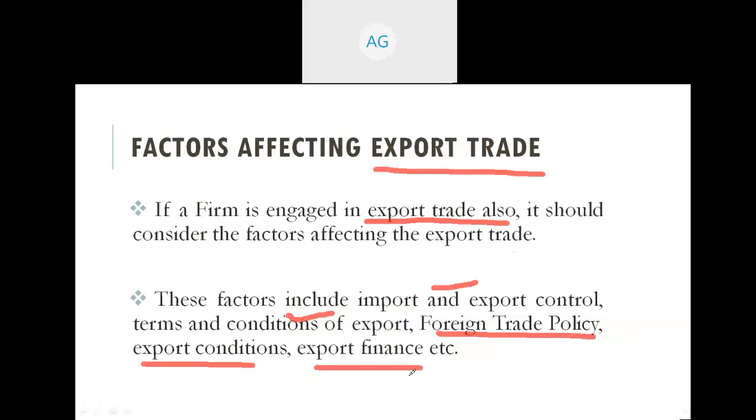They need to satisfy the foreign trade policy, export conditions, export finance in order to export their product to the different regions of the country or even to abroad. So this is the fourth determinant of demand forecasting. So moving to the next slide.